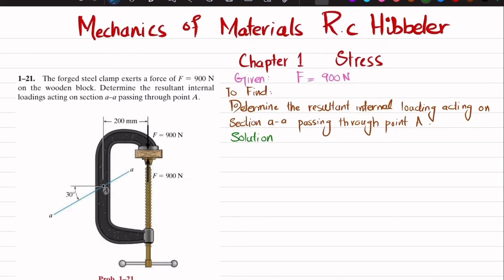The first step is to cut this clamp at section AA and draw the free body diagram. So first of all I will draw the free body diagram. This is the clamp portion, with a curved form like this.